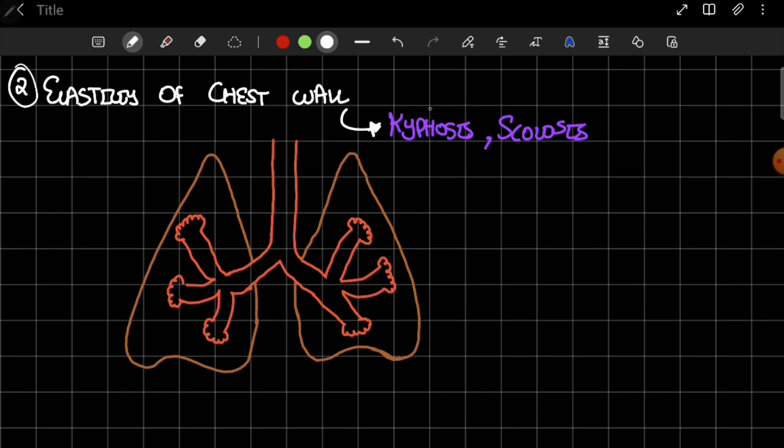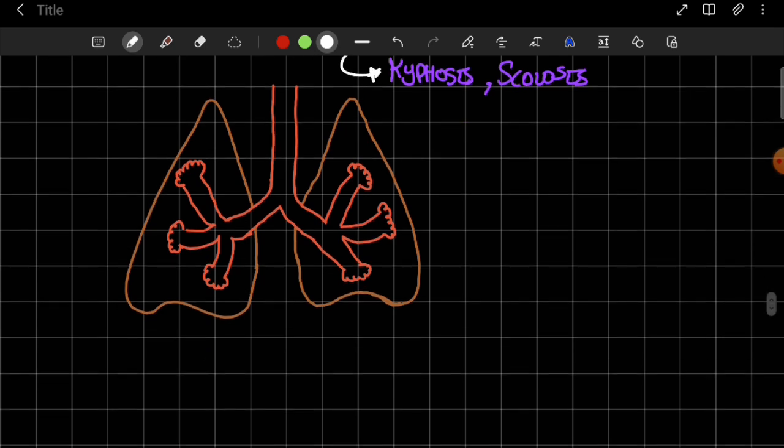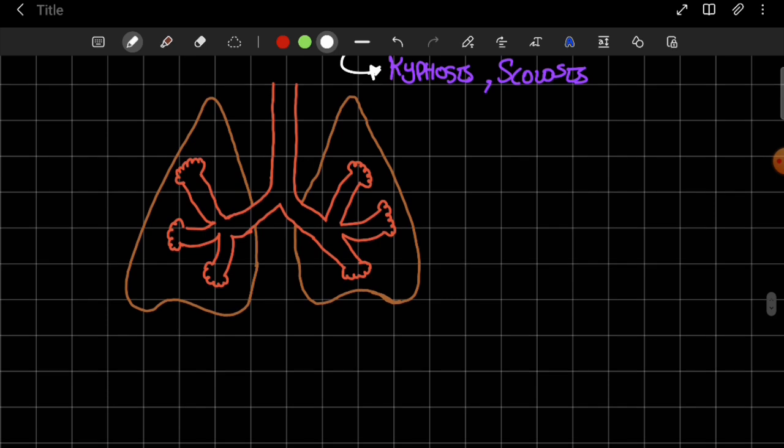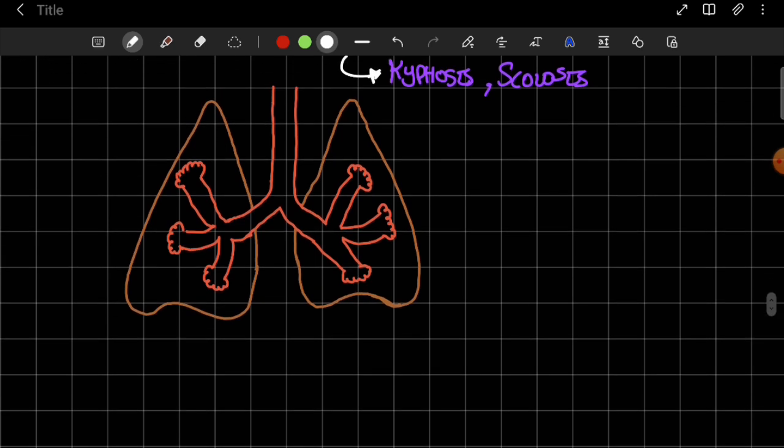What happens in kyphosis? The patient leans forward, so the thoracic wall, or the anterior chest wall, is leaning forward. So it is not able to expand. Since it is not able to expand, the lung will also not expand. So the lung will be expanded less.